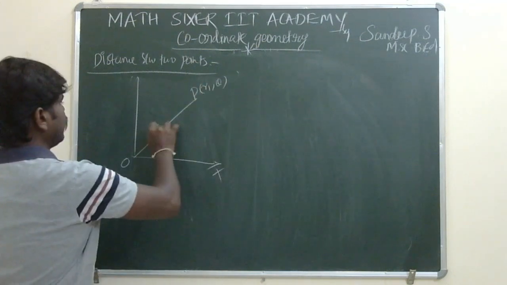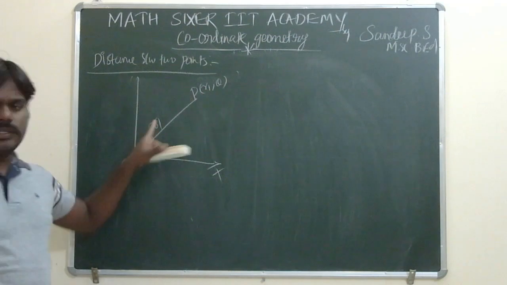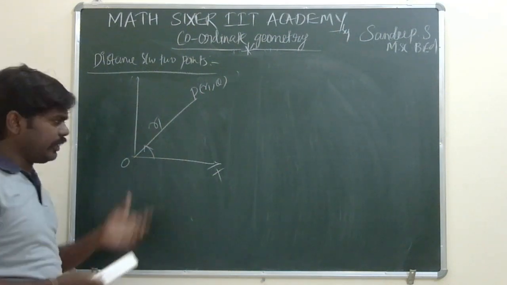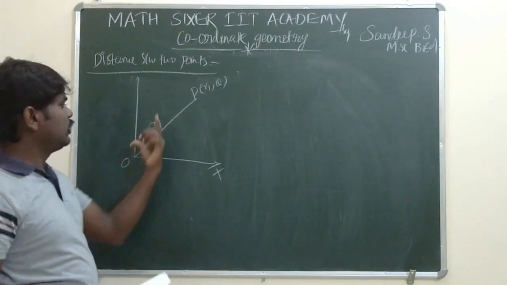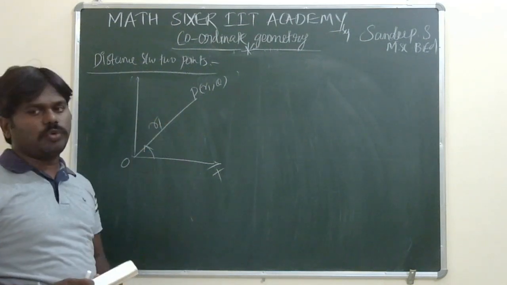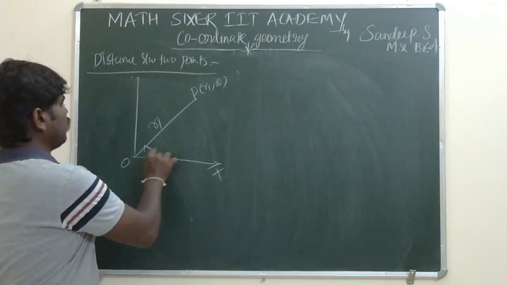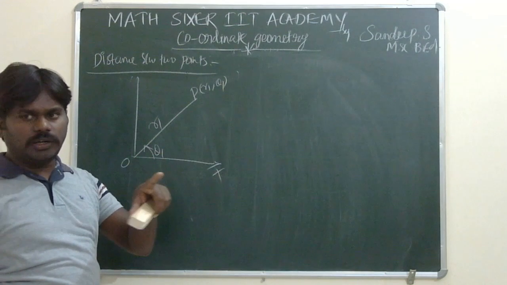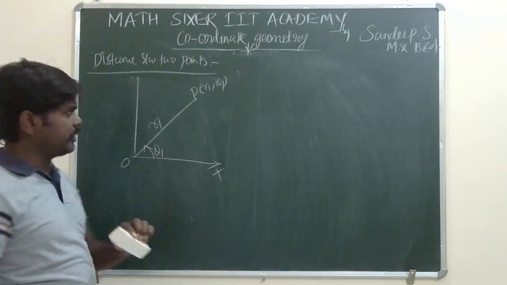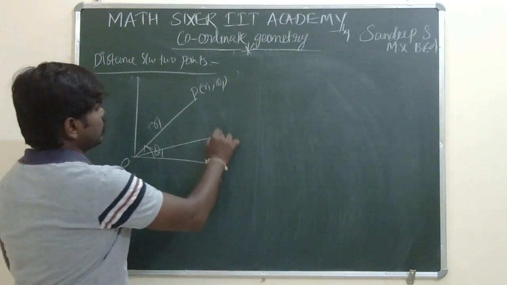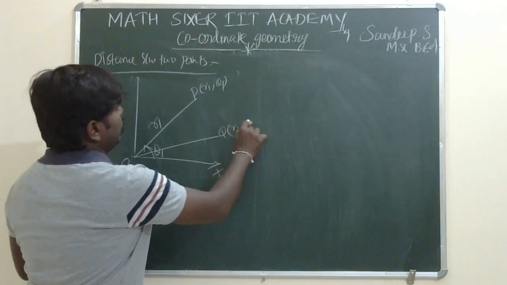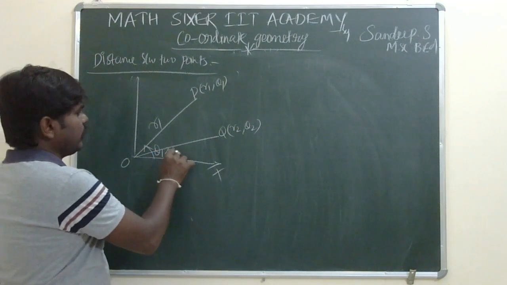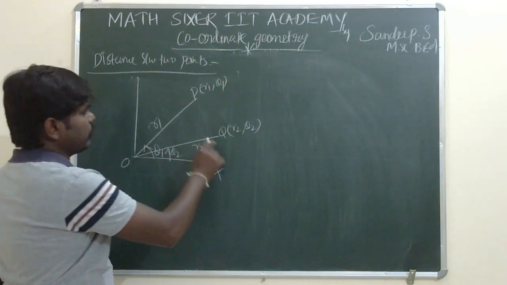R1, theta 1 means OP is R1, and the angle made by the positive x-axis and the line segment OP is theta 1. Now we want to find the distance between the 2 points in polar coordinates, so we need one more point. Take Q as (R2, theta 2), where theta 2 is the angle and OQ is equal to R2. Now join PQ.